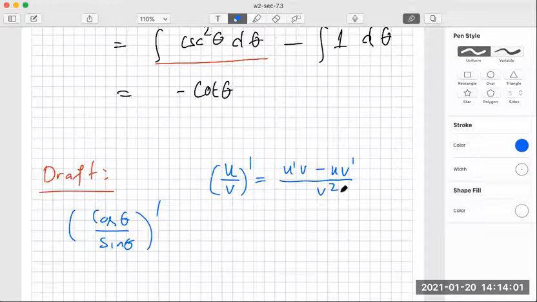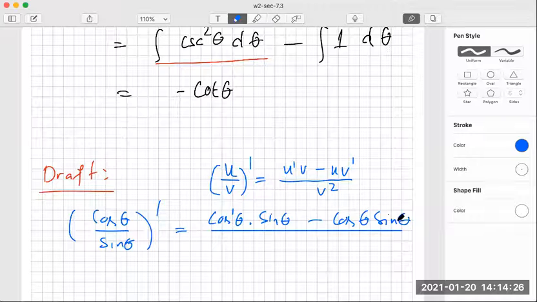Very good. V squared, right? And u in this case is cosine, v is sine, right? Then what do we have? Times what is it? And the denominator? Sine squared, right?